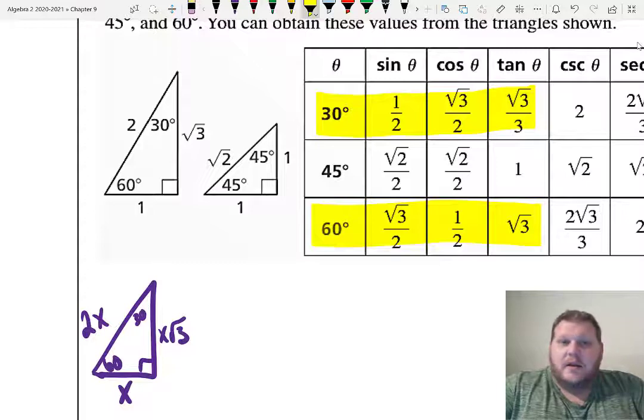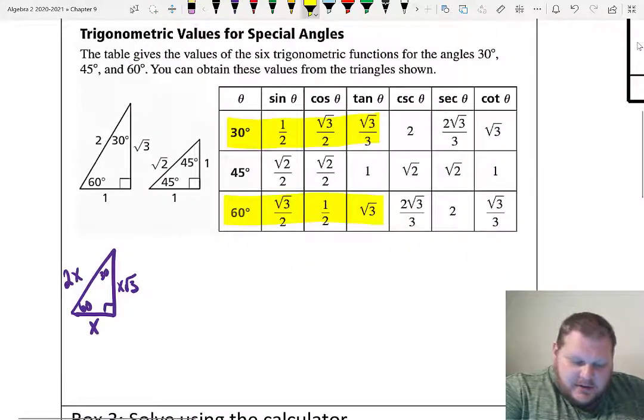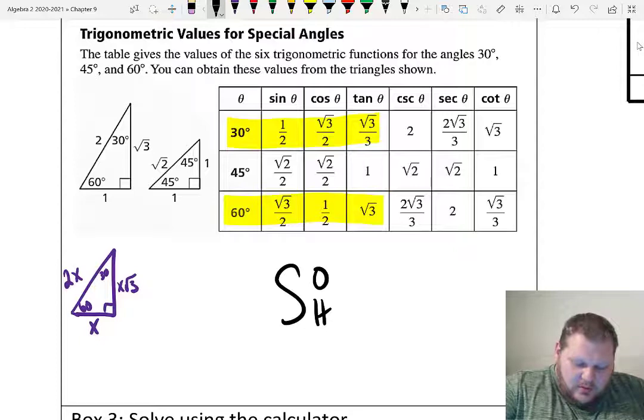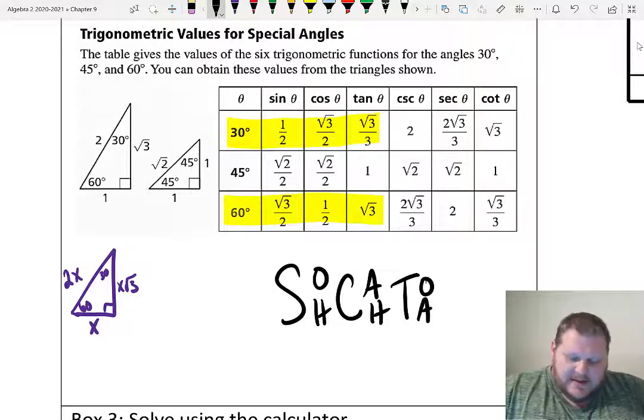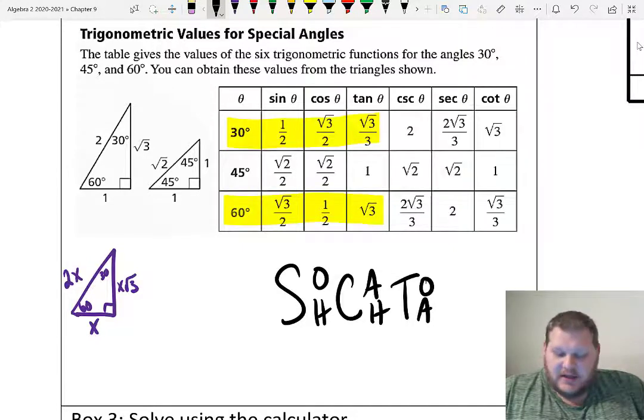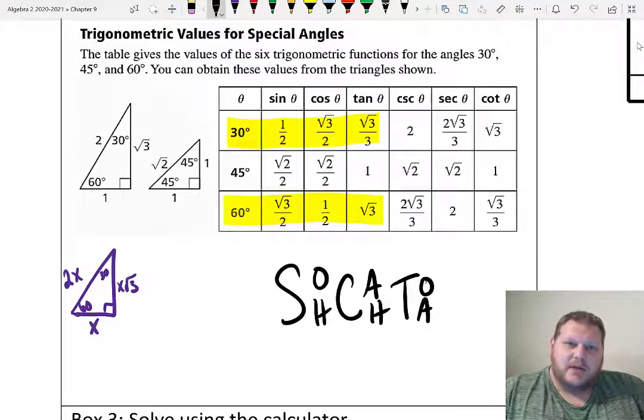It's just taking those relationships that we looked at yesterday with sine being opposite over hypotenuse. I'll rewrite it here for us with SOH-CAH-TOA. Sine is the opposite over the hypotenuse. Cosine is the adjacent over the hypotenuse, and then tangent is the opposite over the adjacent.